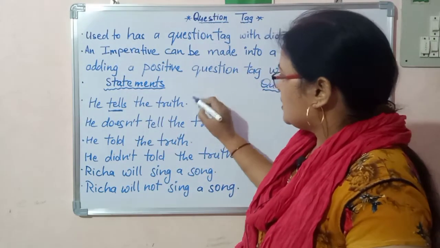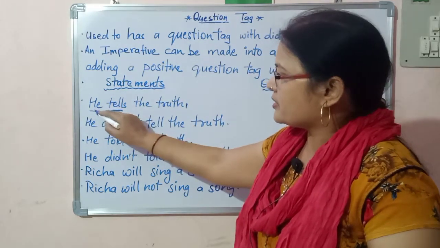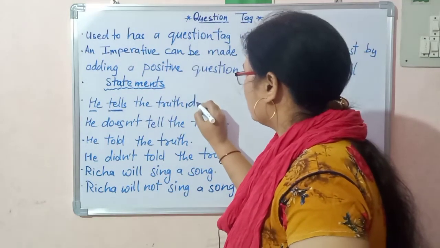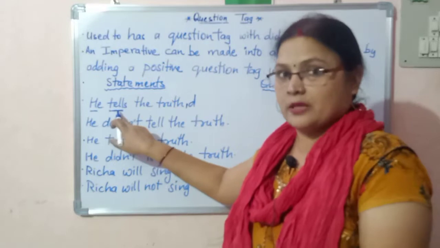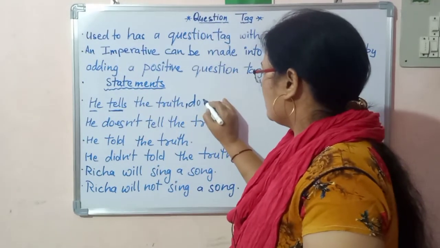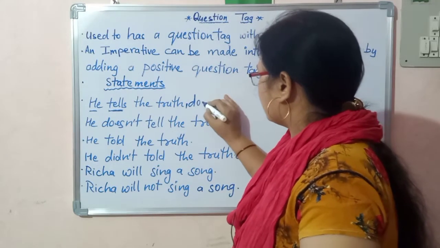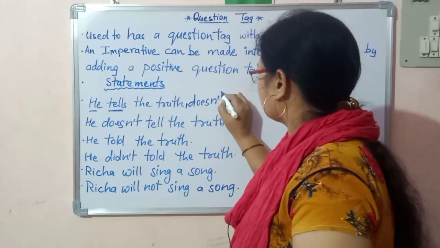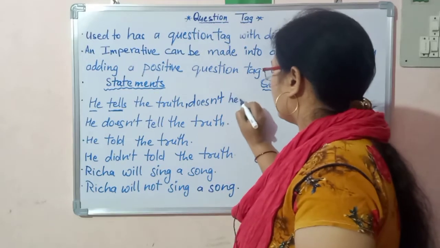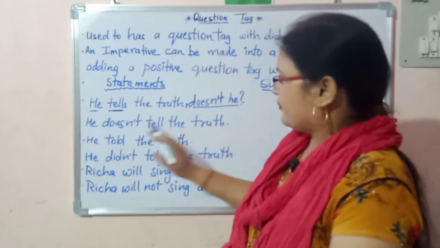If it is V1, then a comma, and because he is singular, and the statement is positive also, that we also have to notice, so we will use doesn't, and the same pronoun he we will write here, and question mark. Doesn't he? This is the tag for here.